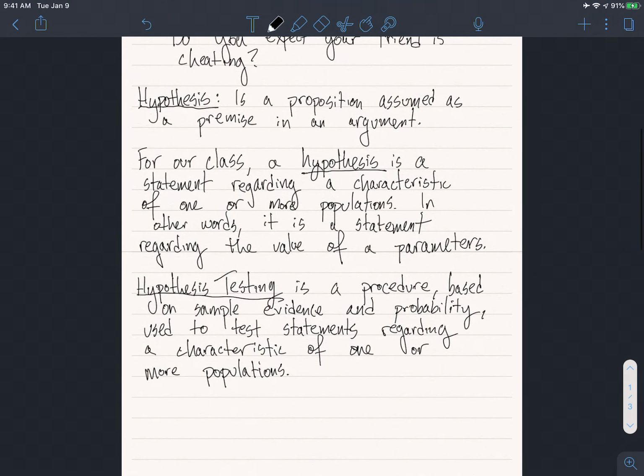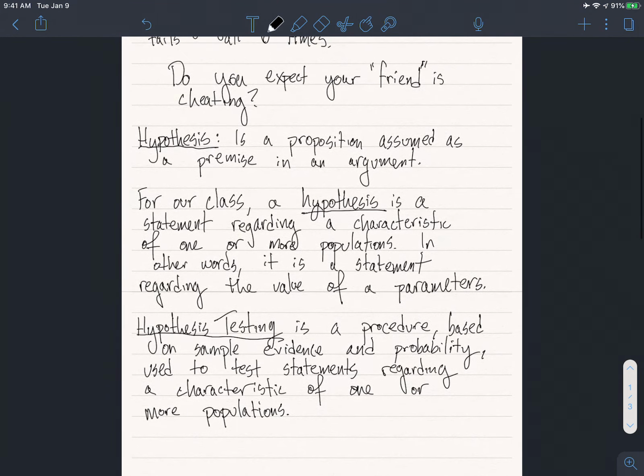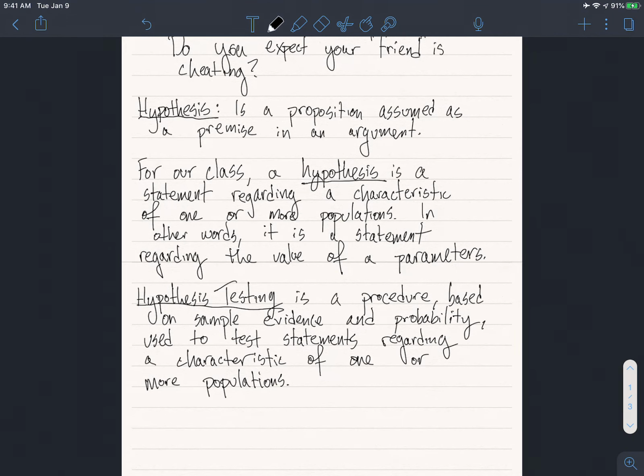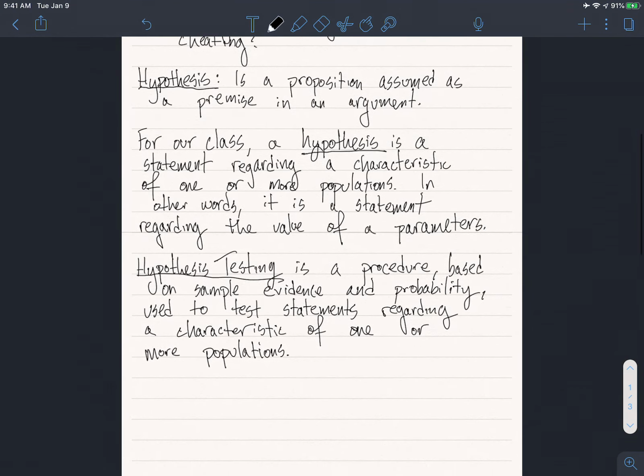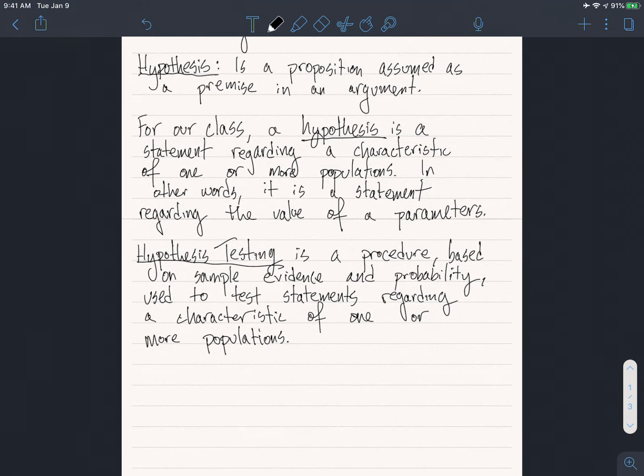All right, so I just want to recap real quick because it is important that you understand why we're doing what we're doing, because the problems are a little bit more involved than what we're used to. So we are going to have a hypothesis, a statement about the value of a parameter, something I've been claiming all semester: that the proportion of people who are left-handed is 13%.